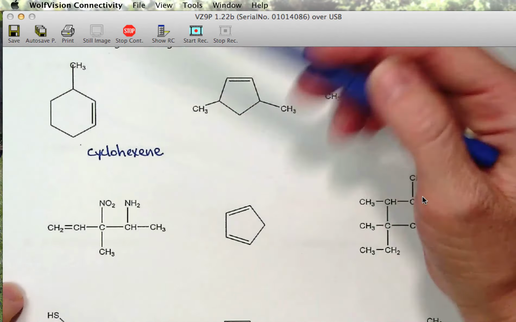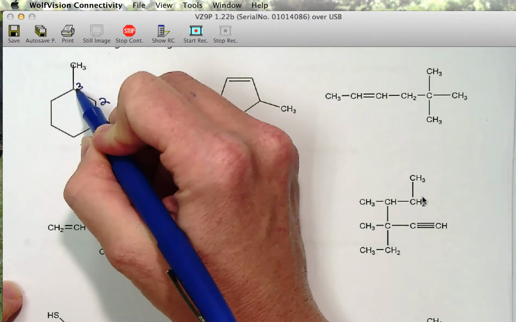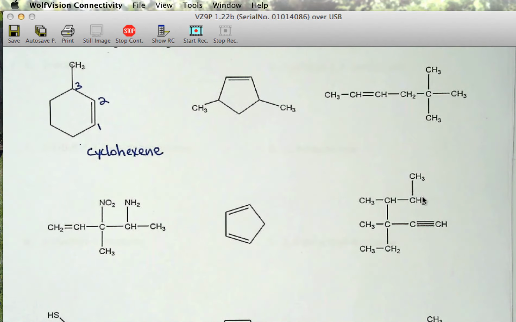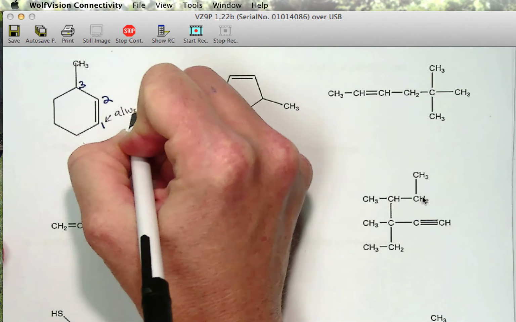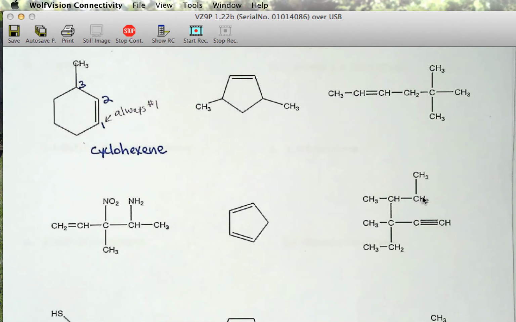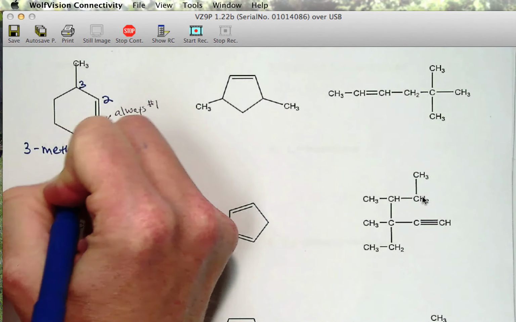So we're going to number it that way. Since the double bond is always number 1 in a cycloalkene, it would be redundant to say 1-cyclohexene. So it's not stated. So it's just 3-methylcyclohexene.